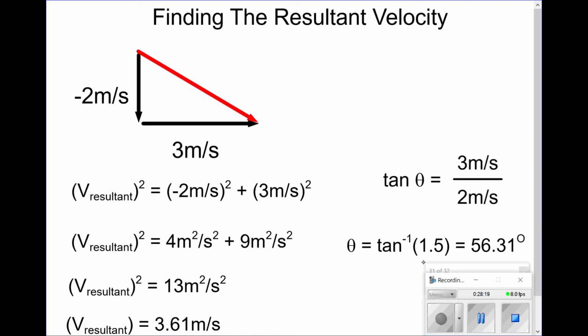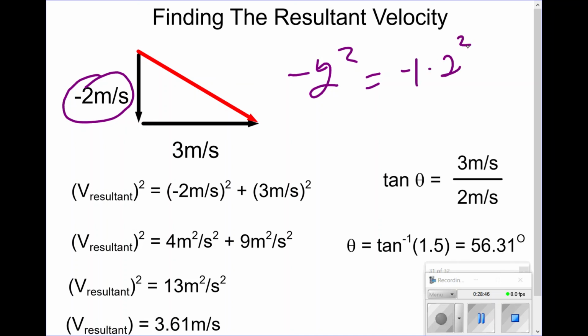There is a danger you have with your more modern calculators when working with Pythagorean theorem and negative values. Please notice I have negative 2 squared, which should come out to be 4. Keep in mind that a lot of times in your calculators, if you go negative 2 squared, the calculator processes that as negative 1 times 2 squared, so it will actually give you negative 4, which is incorrect.